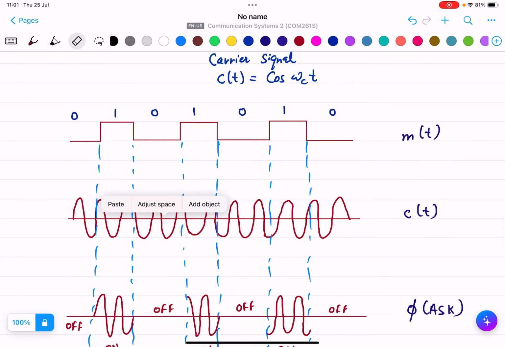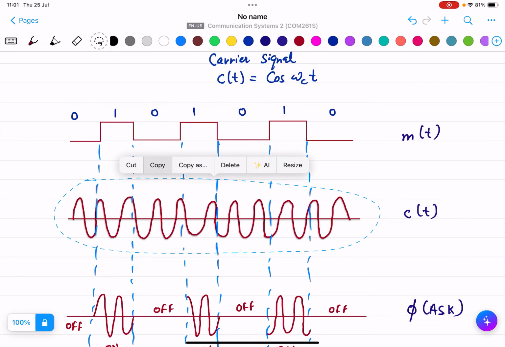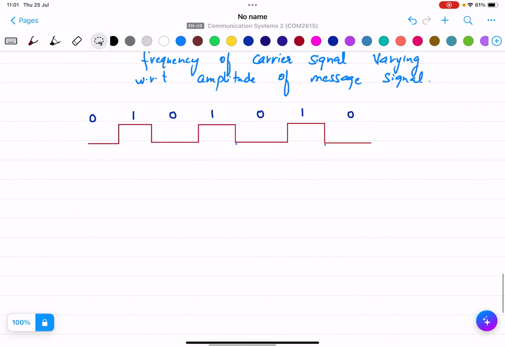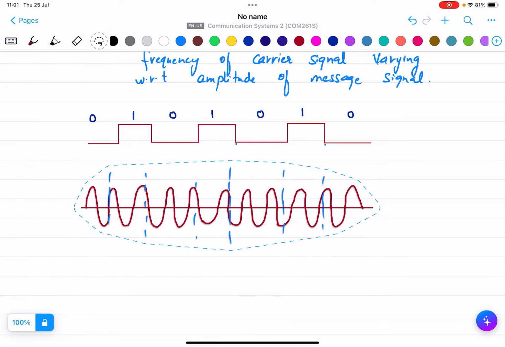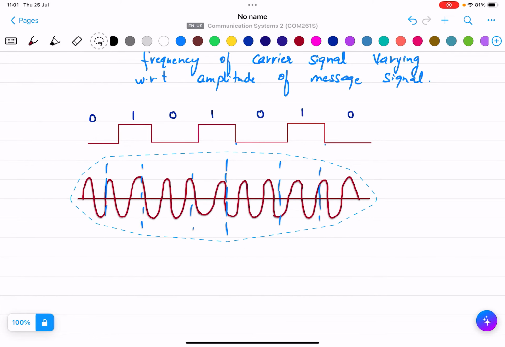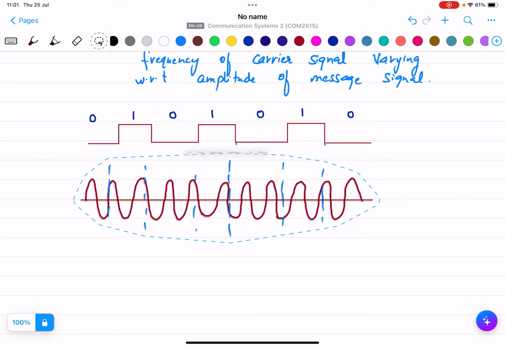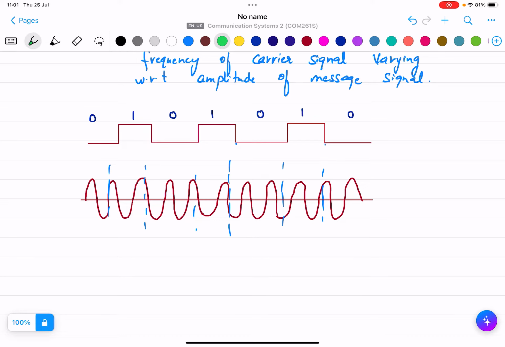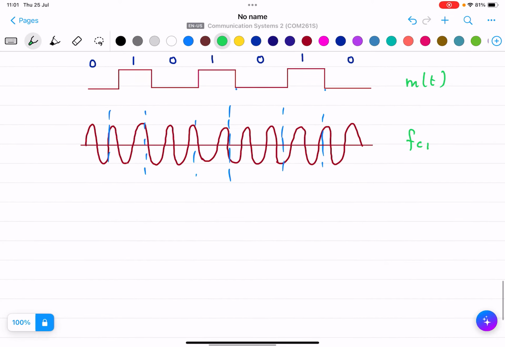Let us copy this. So we have made a carrier waveform here now, like this. I can just write here, it is empty. Now this is FC1. FC1 means it is a carrier of some frequency, maybe high frequency or the low frequency.